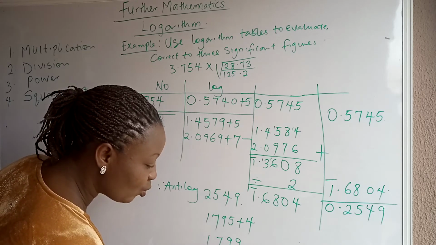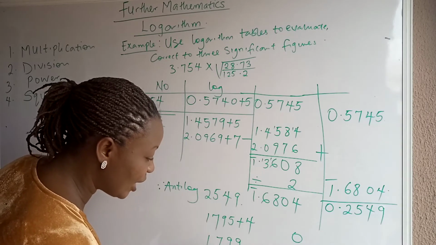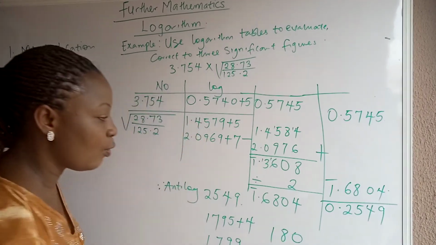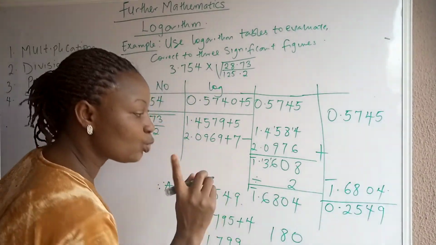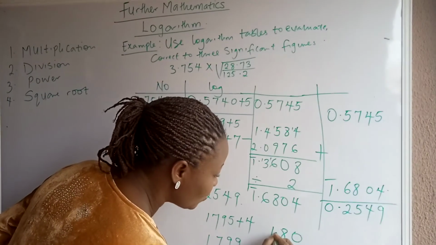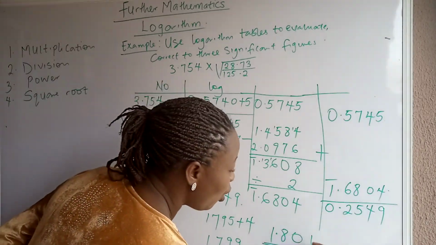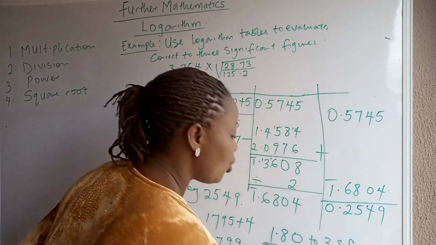That 10, that will be 0, remainder 1. We add the 1 to 8, so to 7 to give us 8. Then we fix 1. Now this one is 0. We add 1 to 0 to make it 1. So our point will be here. This will be our final answer to 3 significant figures.